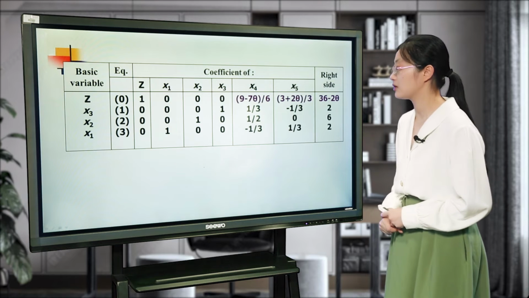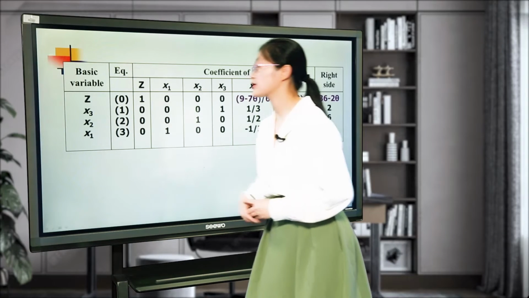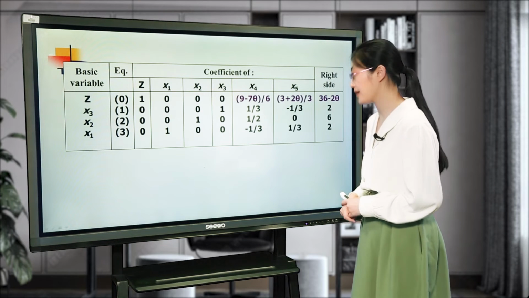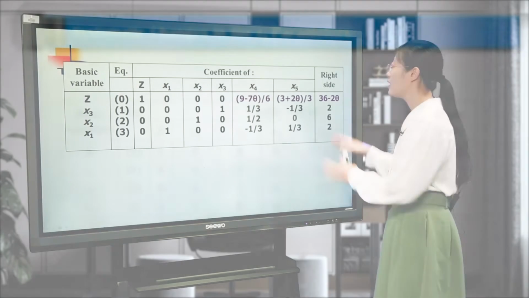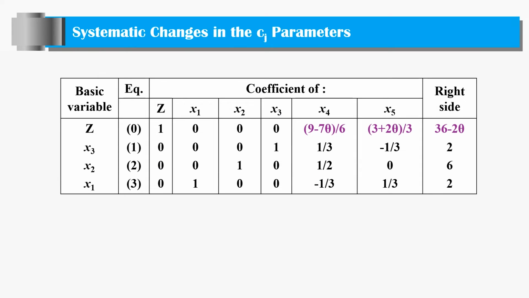So in this tableau, we can see that x1, x2, x3 are the basic variables, and their corresponding columns are in the proper form. So if we simply look at this tableau, we can see that if we want to check whether this satisfies the optimality test, the only thing here is that theta is non-negative, so this value must be positive.